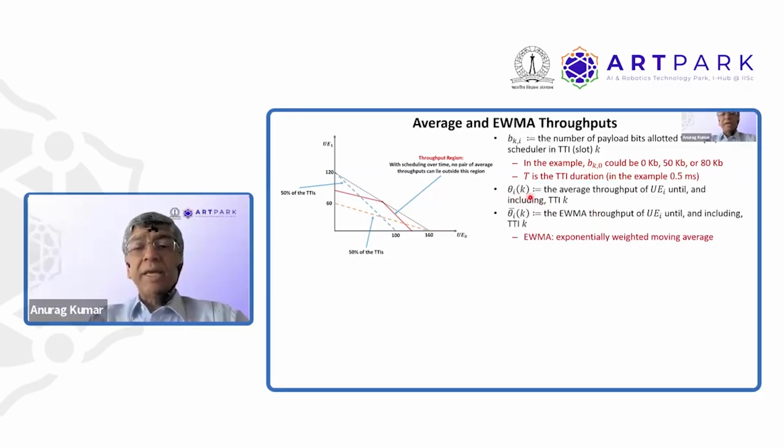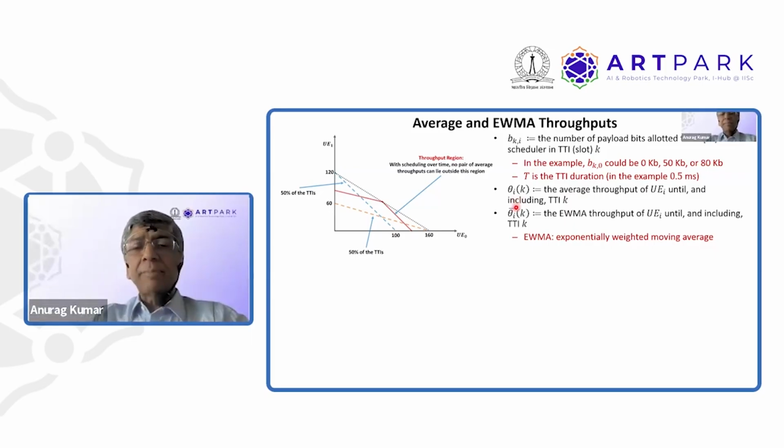Now, theta ik is the average throughput of the UE until the TTI K. What do we do? Let's suppose we're looking at the 1 millionth slot. I take the rate I gave it in the first slot, in the second slot, in the third slot, and average over 1 million slots. Let's call that theta ik: throughput averaged from the very beginning over all the slots.